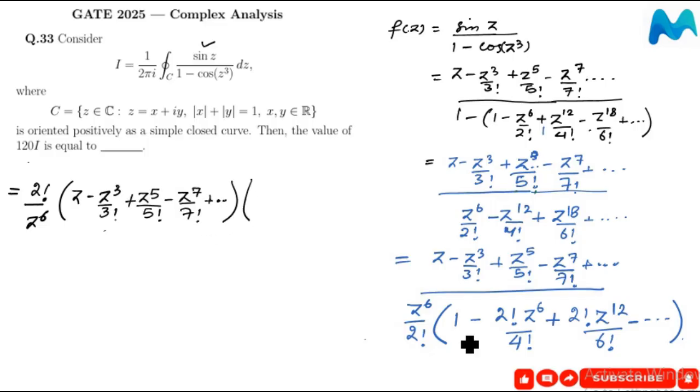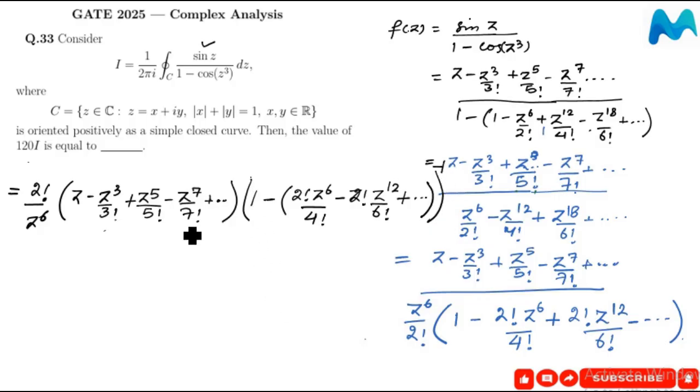And we can write it like this in the numerator: 1 minus, the minus will be common from all the terms, so it will be 2 factorial z^6 by 4 factorial minus 2 factorial z^12 by 6 factorial, and plus, and so on. And here will be minus 1 raised to the power 1.